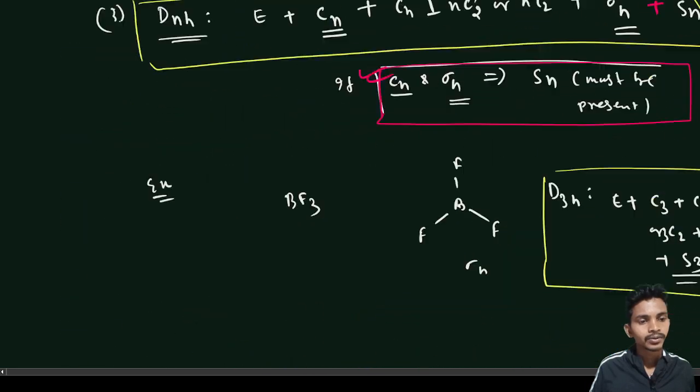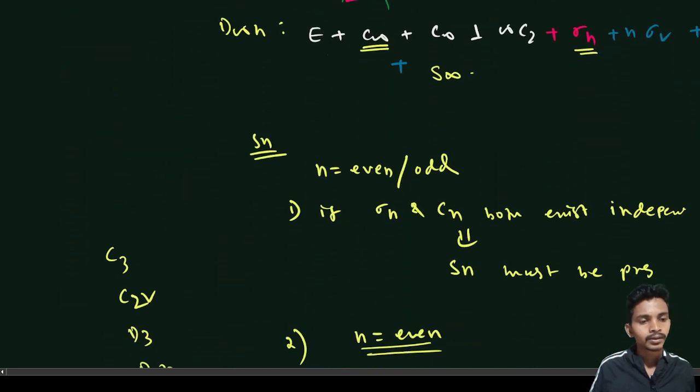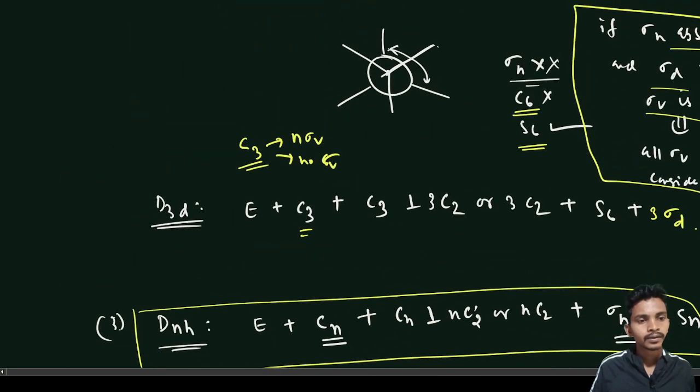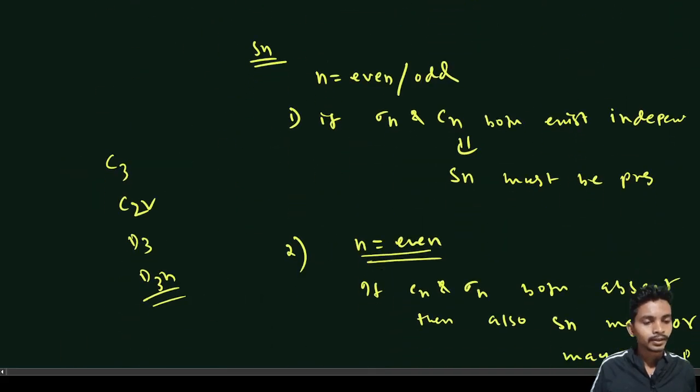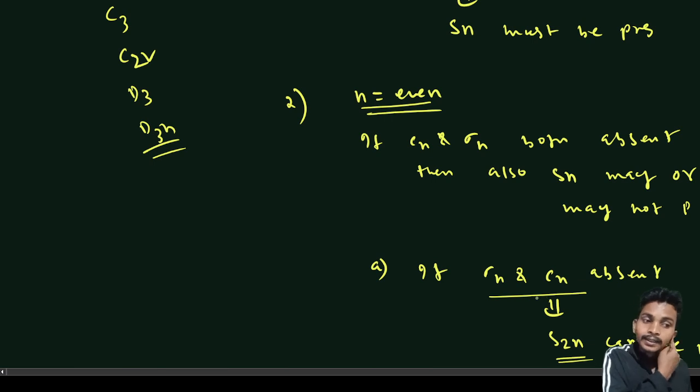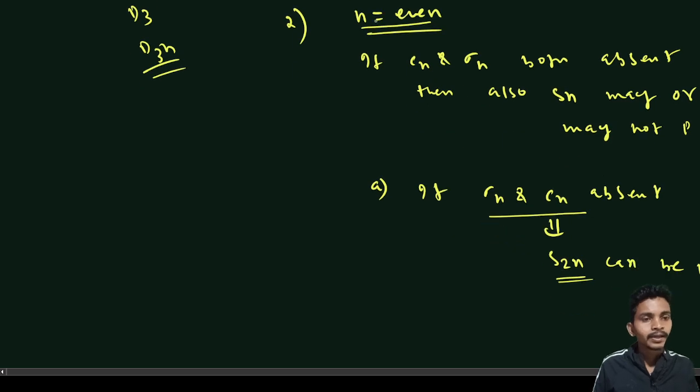Like these examples we have seen, in this case C6 is absent, sigma h is absent, but S6 is present, the principal axis is C3. So here C3 and sigma h are absent, but this is 3, so 3 into 2, that is S6 is present. That's why I said that if sigma h and Cn are absent, then S2n can be present if n is even.